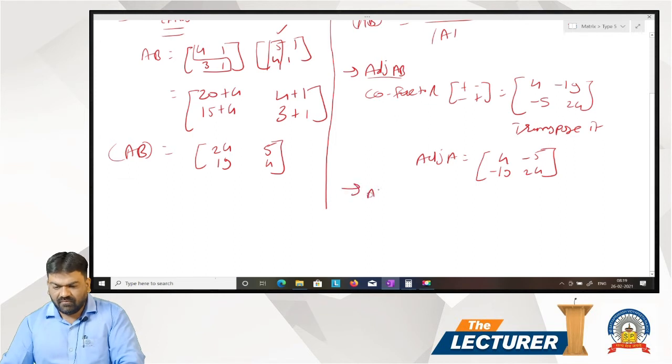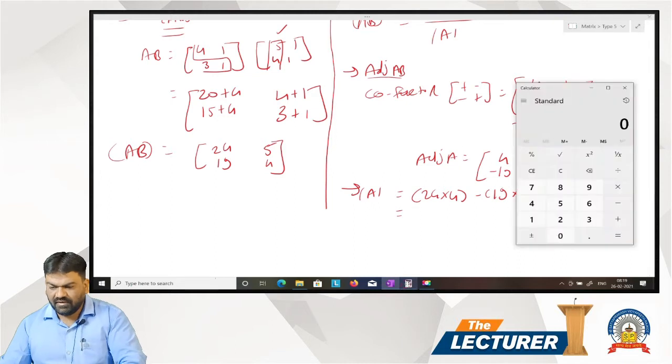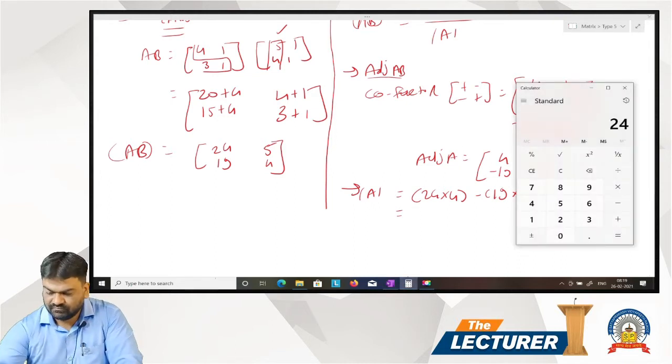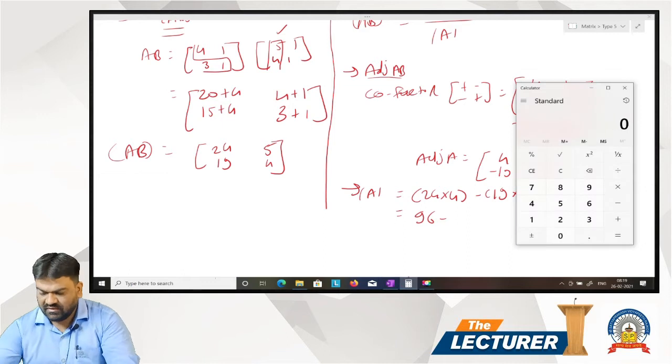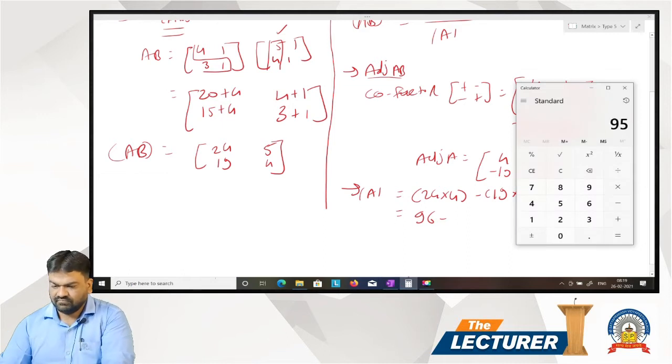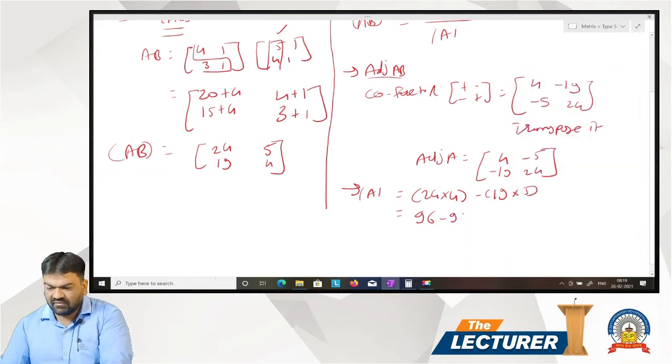Next, determinant of AB. 24 multiplied by 4 is 96, minus 19 multiplied by 5 is 95. 96 minus 95 is 1.